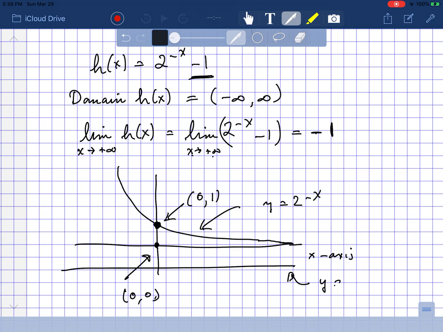So I'm going to draw it a little bit better this time. This is y equal -1, and my curve, oops, I didn't draw it better. It looks like that. So this continues upward. And the distance between these two curves is just 1 unit everywhere, which means this line, y equal -1, is an asymptote. Okay, we'll stop here.